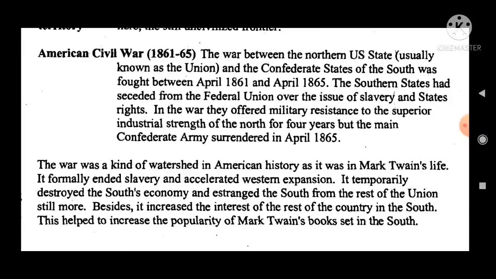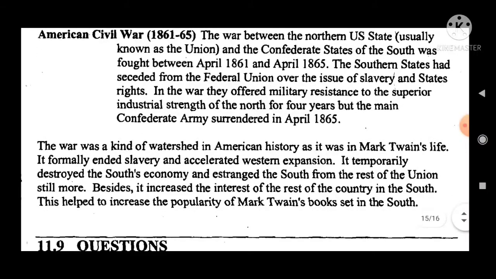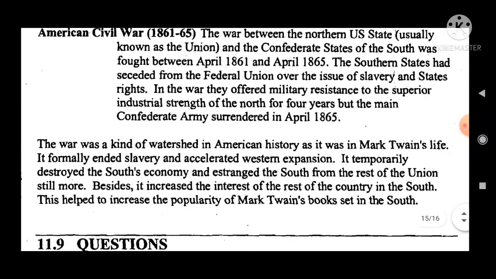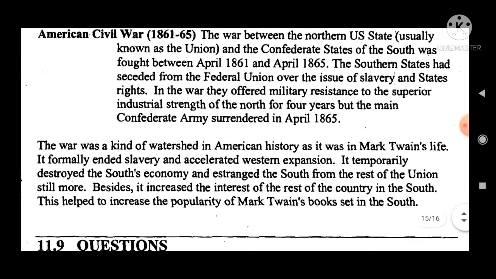The war between the northern US states, usually known as the Union, and the Confederate states of the South was fought between April 1861 and April 1865. The southern states had seceded from the Federal Union over the issue of slavery and states' rights.